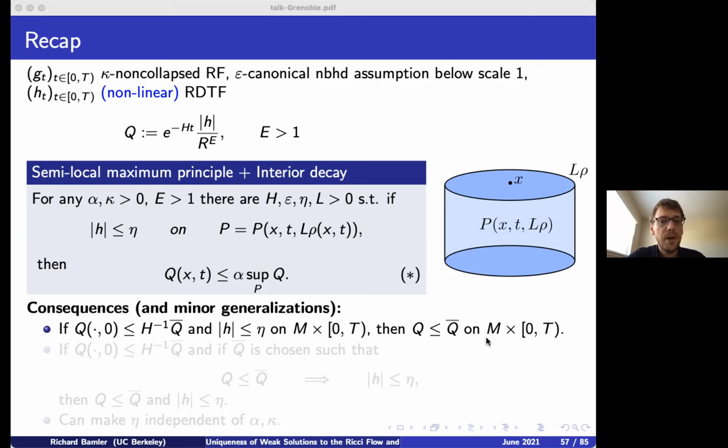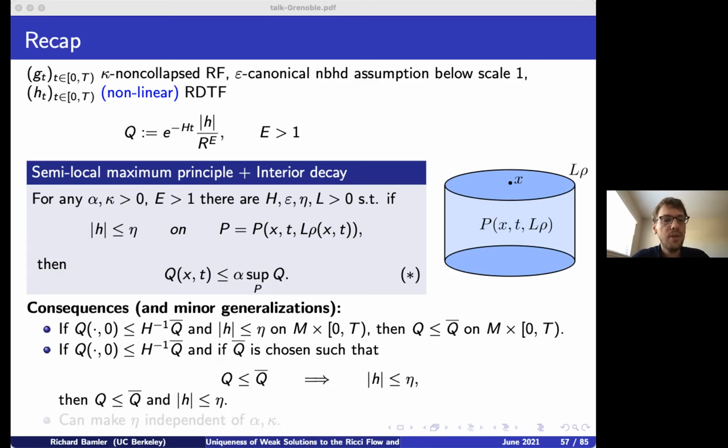So a bound of the form Q is bounded by Q bar is being preserved if we move forward in time. But this is, of course, only true as long as H is bounded by eta. And remember, we often just want to control H, and we don't want to have a condition of the form H is bounded by eta in a statement like this.